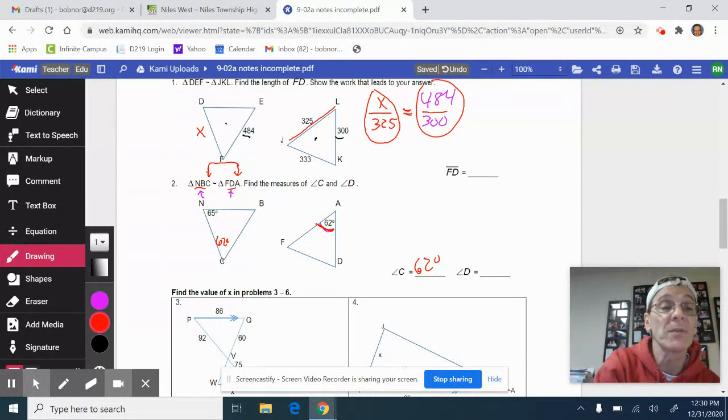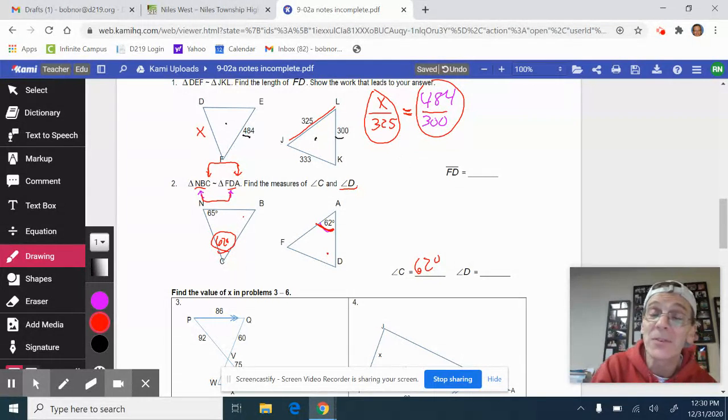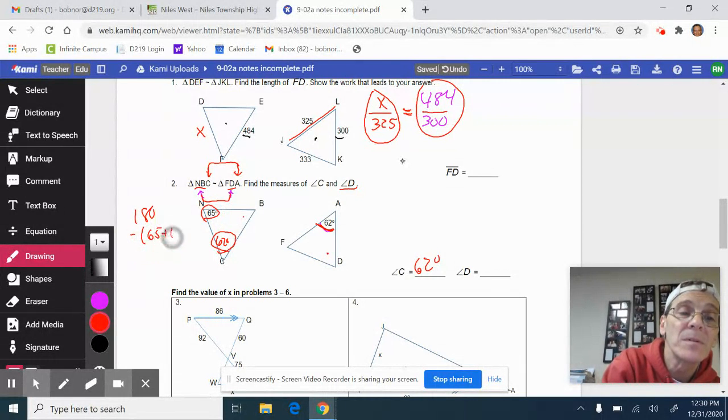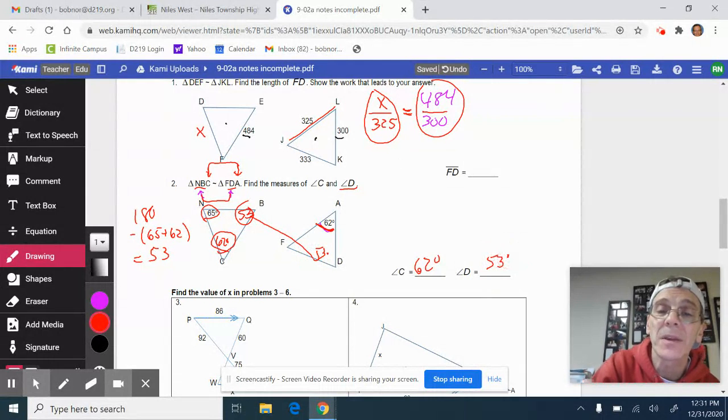But when we go to find the measure of angle D, which we have decided corresponds to angle B, all right, D corresponds to B, but I don't have a measure for B. But I can get a measure for B because I have discovered the measure for angle C. So subtract the 65 and the 62 from the 180, and we will get 53 for angle B, and that means then that angle D must also be 53 degrees, okay?